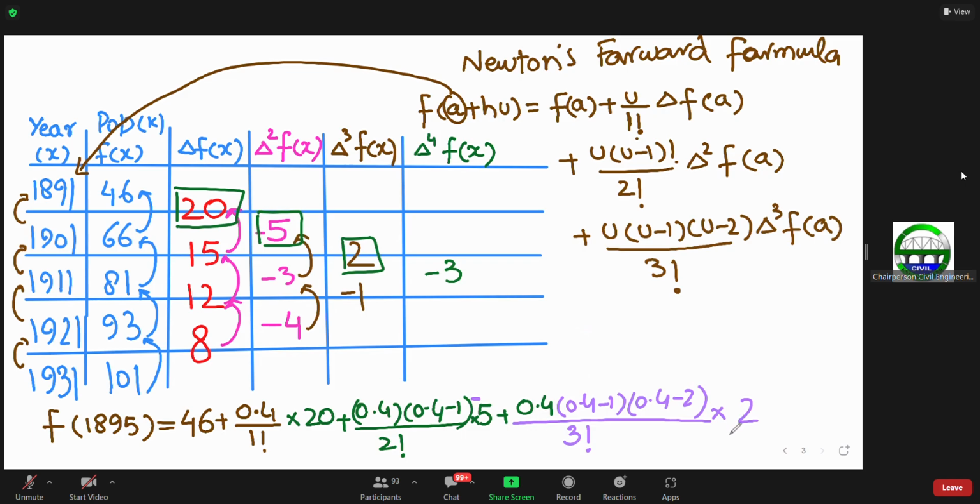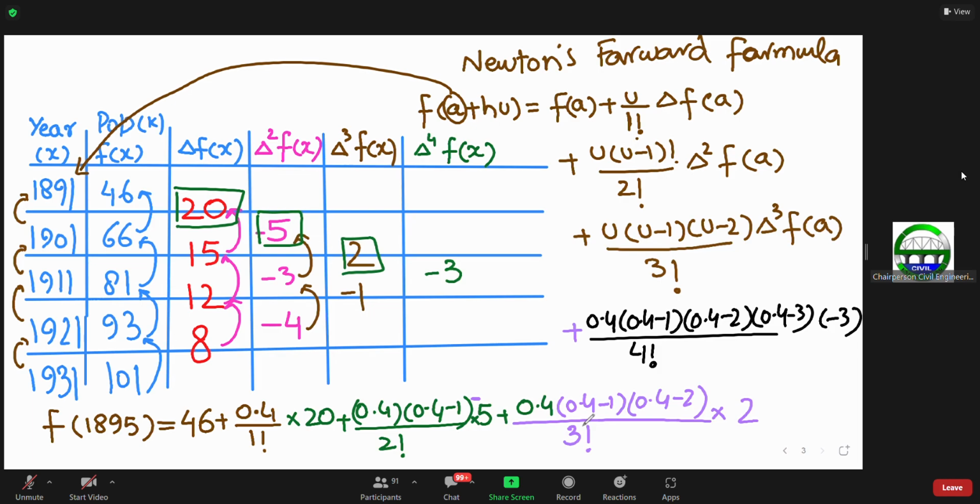And finally, I will just write the last term over here. I don't have space, so let me write over there. So finally, 0.4 minus 1, 0.4 minus 2, 0.4 minus 3 over 4 factorial multiplied by del 4, which is equal to minus 3, right?